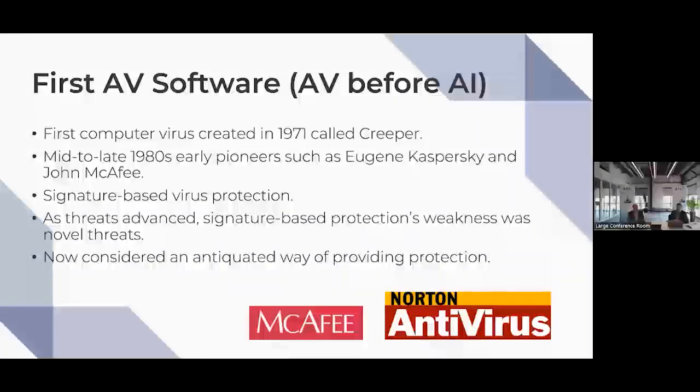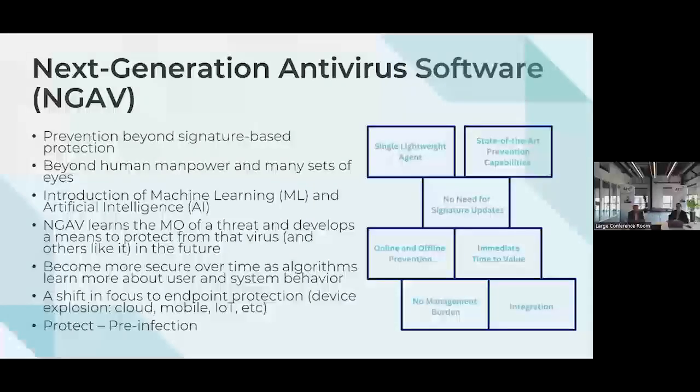Right. So then we move on to next gen AV. Yeah, so next generation was a word even 20 years ago, but we continue to use it for the next level of something. Next generation antivirus software went into a little bit more prevention, beyond signature-based protection.